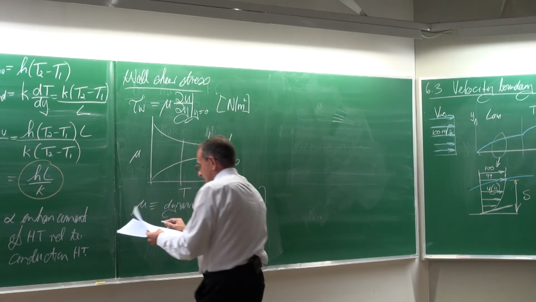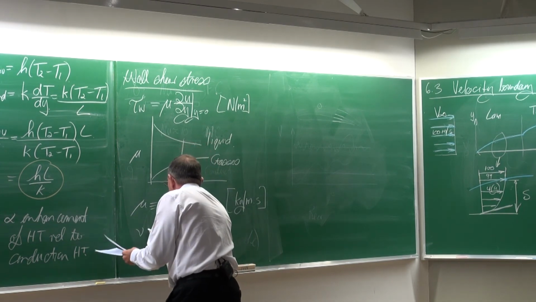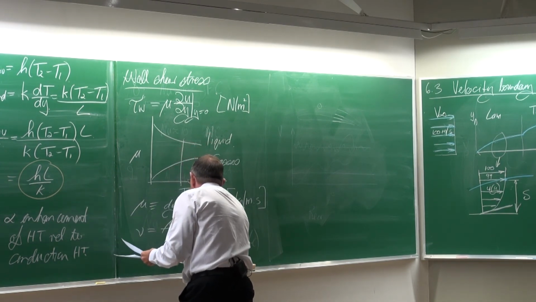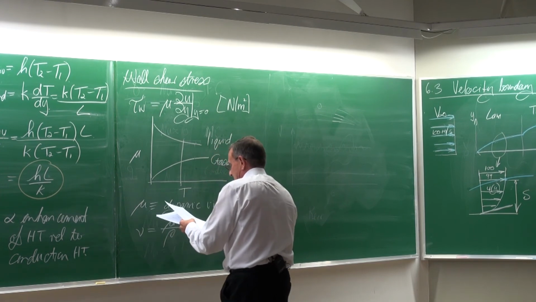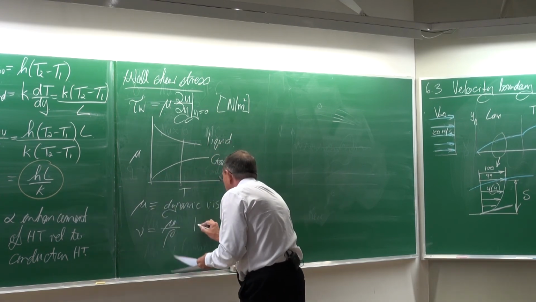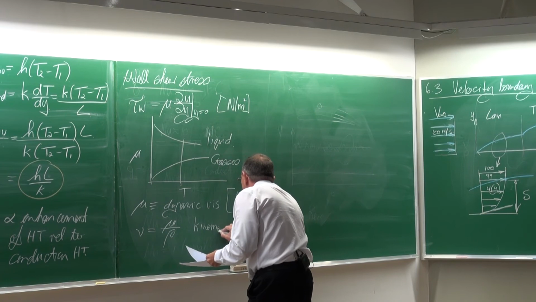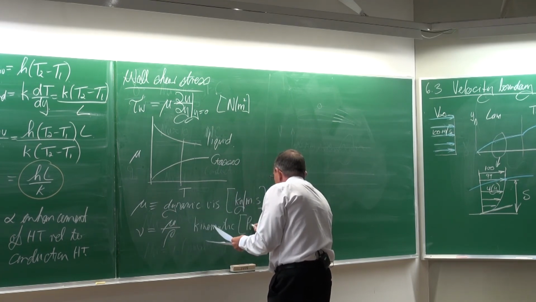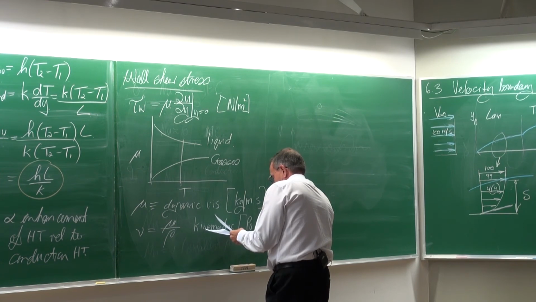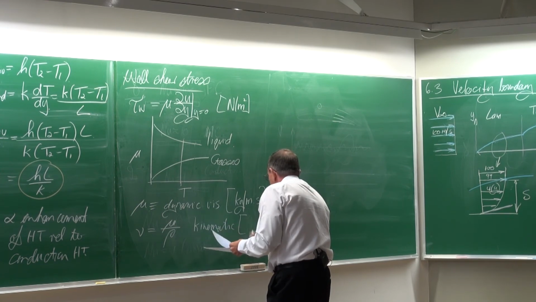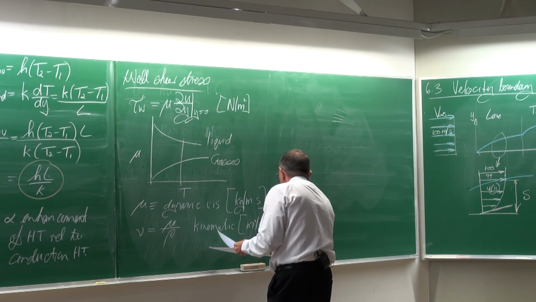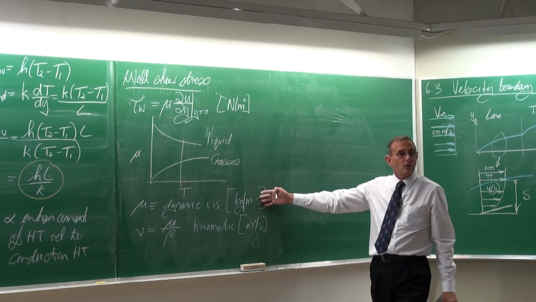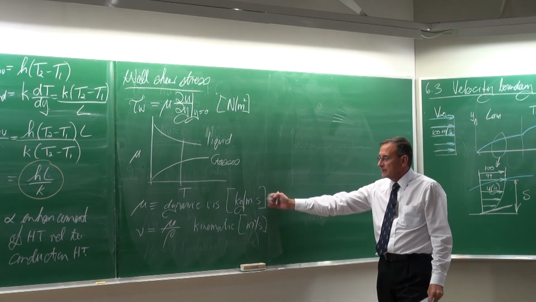But then we also have the other viscosity, which is the dynamic viscosity divided by the density, and this is called the kinematic viscosity, and its units are square meters per second. These units can also be written as pascals per second.